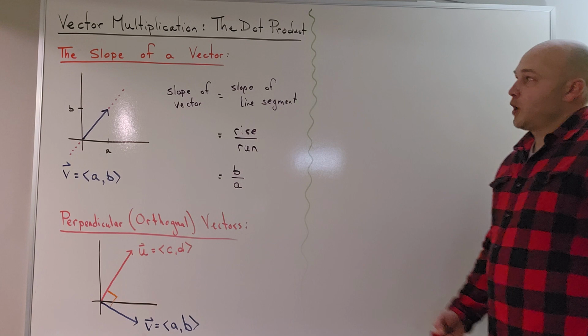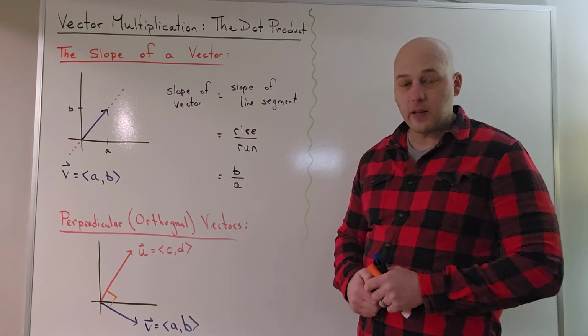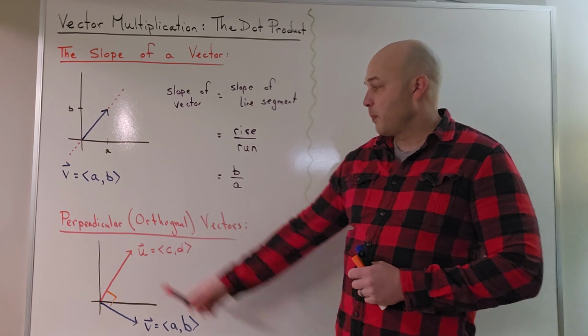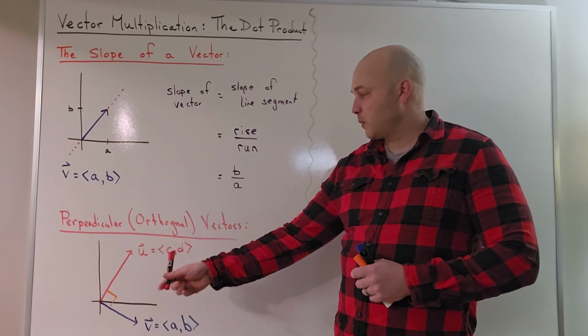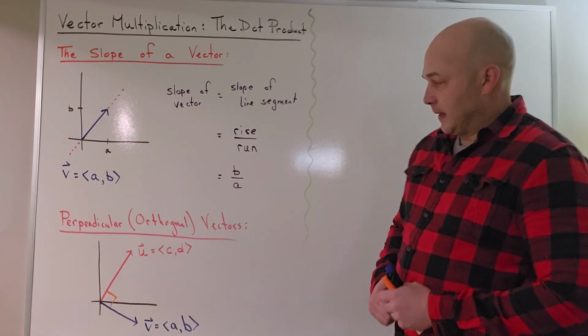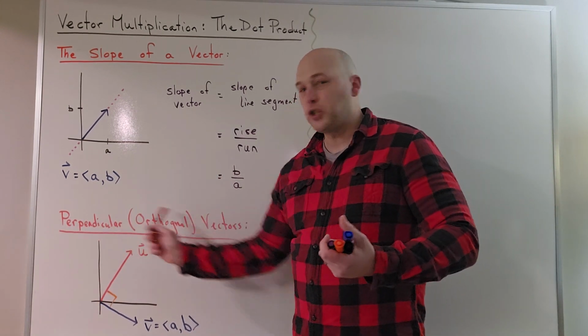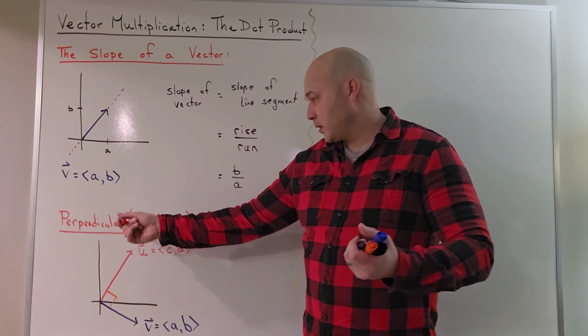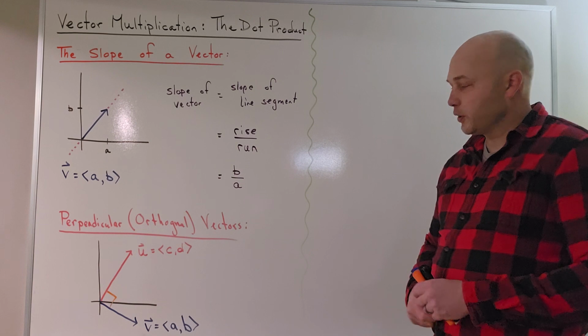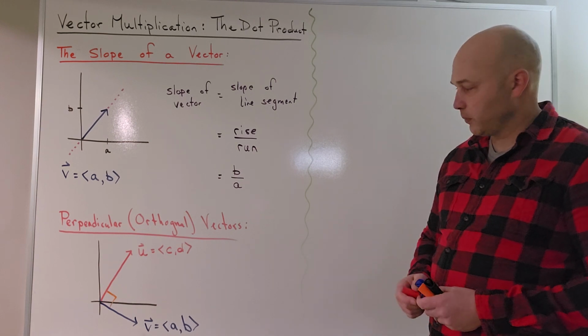Now, if you talk about a different type of vector space in your linear algebra class, like a vector space of functions, perpendicular doesn't really make sense, but we use the word orthogonal to generalize the concept. So in this particular video, I might interchange these. Perpendicular is more of a visual and familiar term, but orthogonal is the more general term.